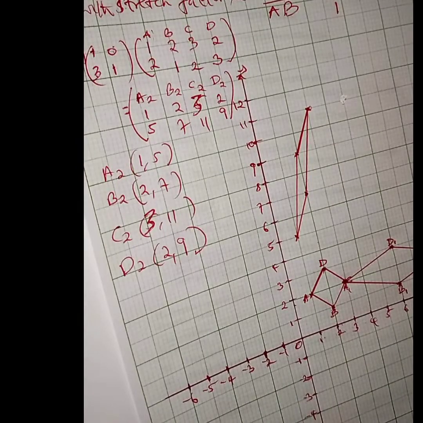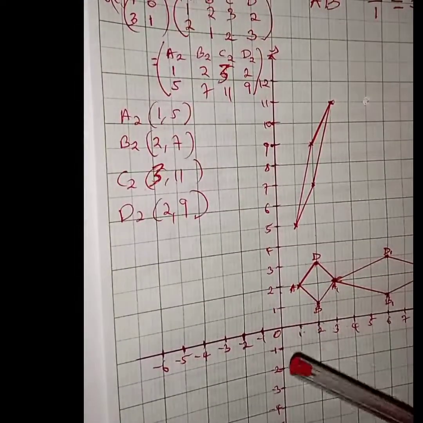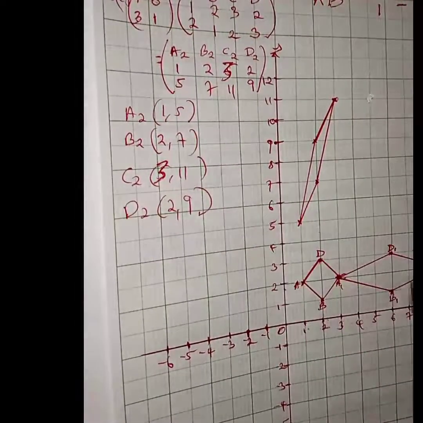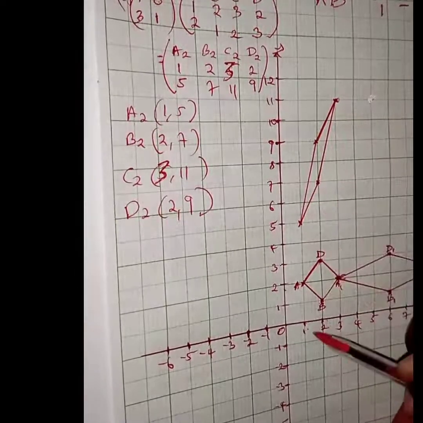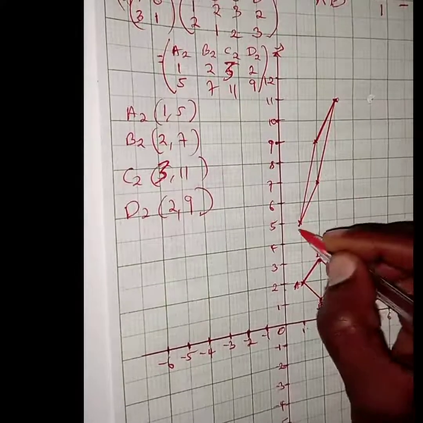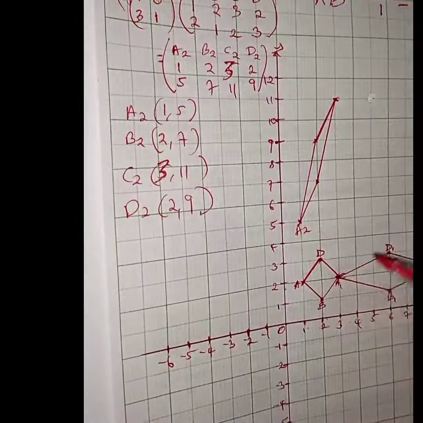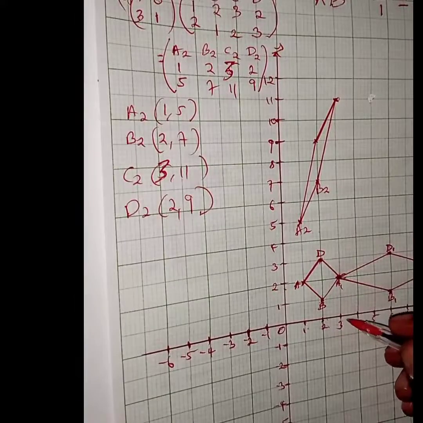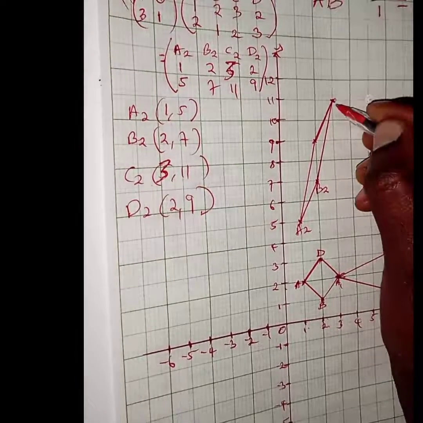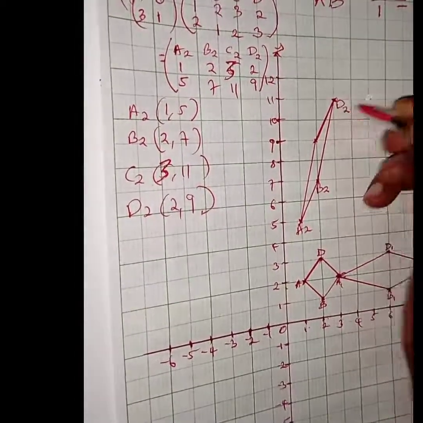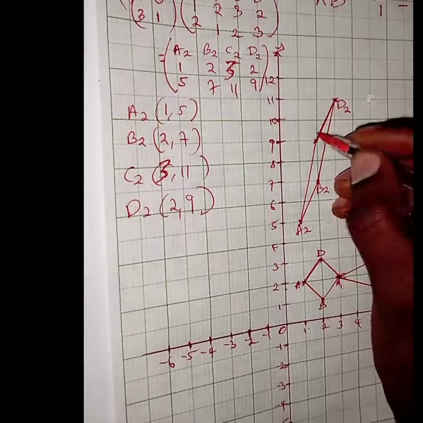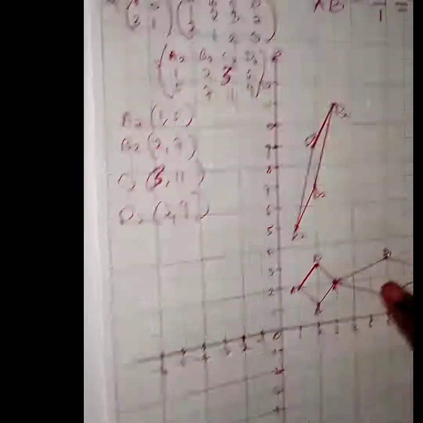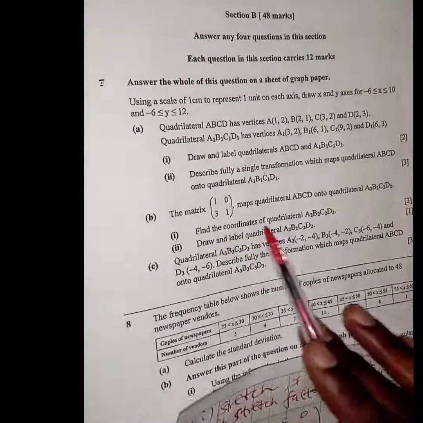So this is what you're supposed to do. So always check what you're supposed to do. You counter check with multiplication. So 1, 5 was A2 here. 2, 7 was B2. 3, 11 was C2. Then 2, 9 was D2. So we have drawn this.